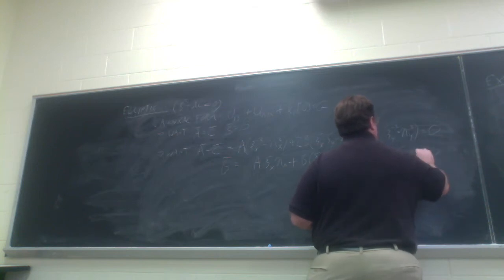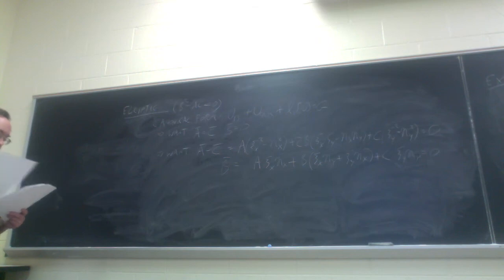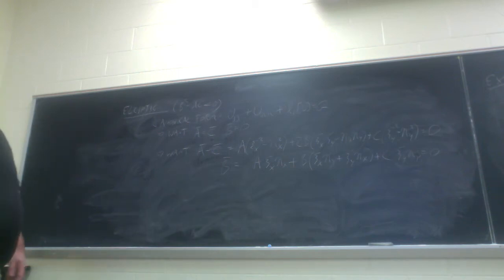And that has to be 0. Okay. Now, I'm trying to solve this for xi x, eta x, xi y, eta y. And as you can imagine, that's going to be kind of a pain. So we're not going to do that.